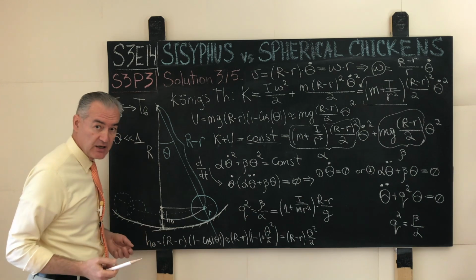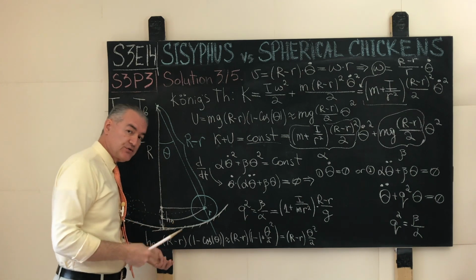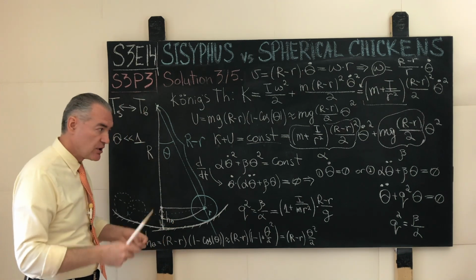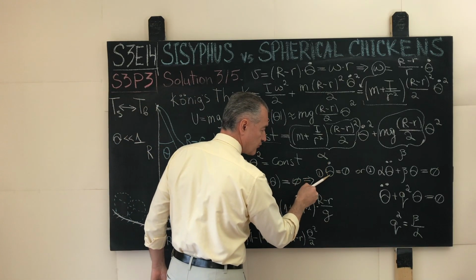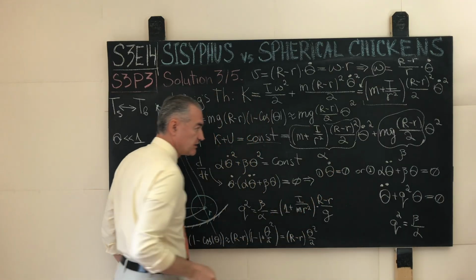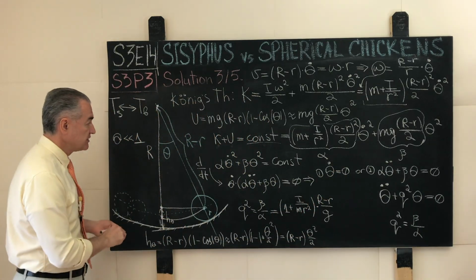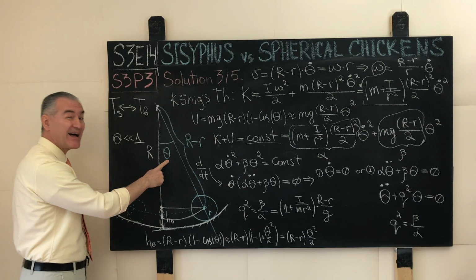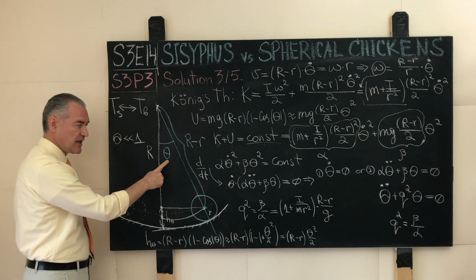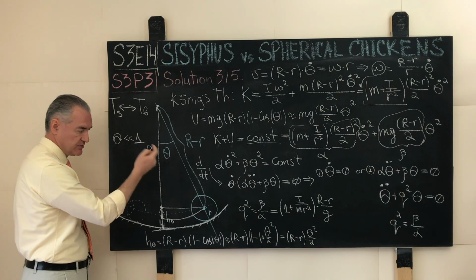What does it mean? It means that either one is equal to 0 or the other or both. Now let's analyze the first case when theta dot, the first time derivative of the angle theta, is 0. That means that in this case the magnitude of the angle theta remains constant, one and the same. This is not good. This is not realistic.